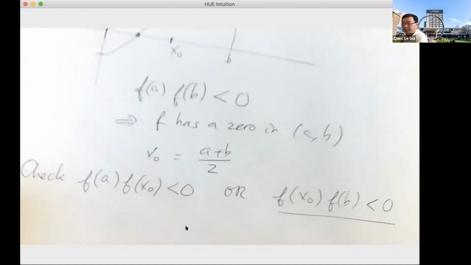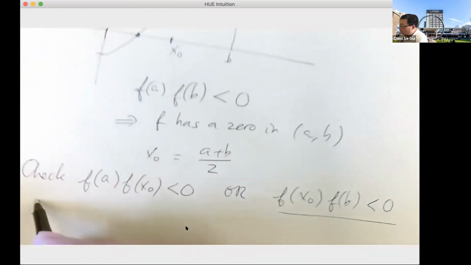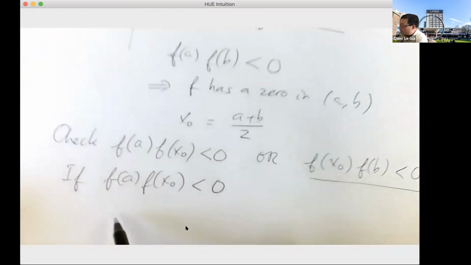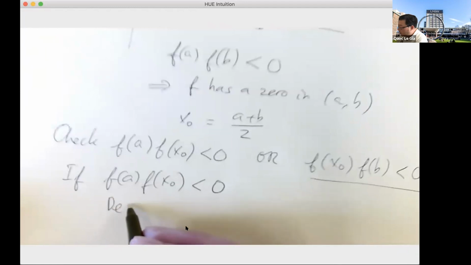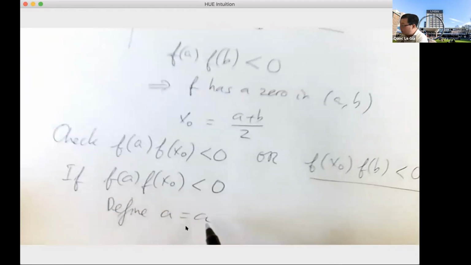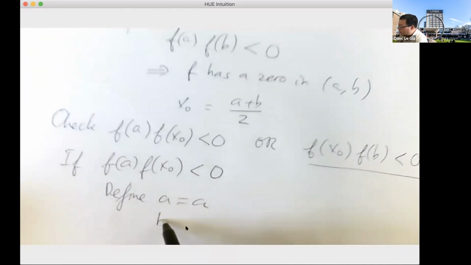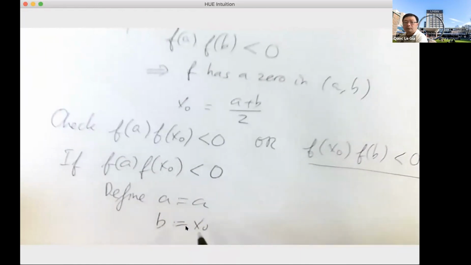And if f(A) times f(x0) is less than 0, then you define a new interval. So define A to be A, the same as the point before, but now your new B will be x0.